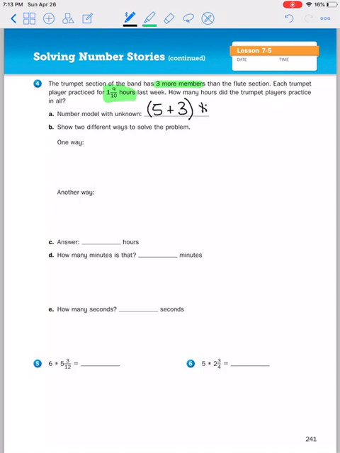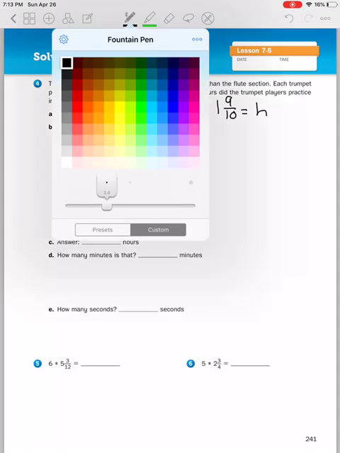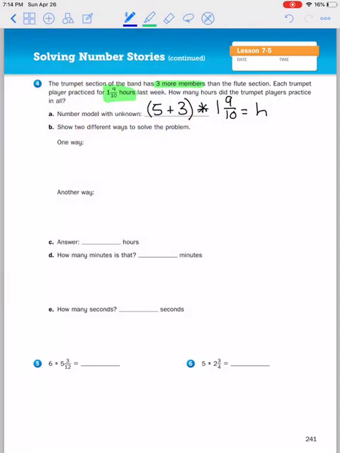And then I would multiply 1 and 9/10 equals H. Okay, so now we have to solve using two different ways. So I'm going to write this multiplication fact already doing that addition. I mean that multiplication, no addition, sorry, 5 plus 3. So that's 8 times 1 and 9 tenths.